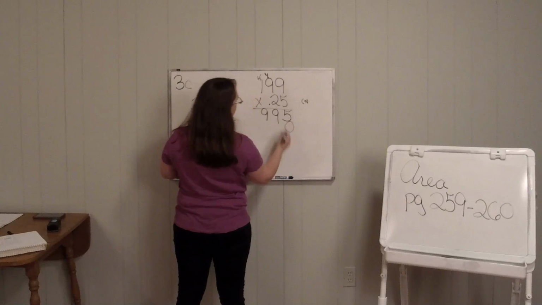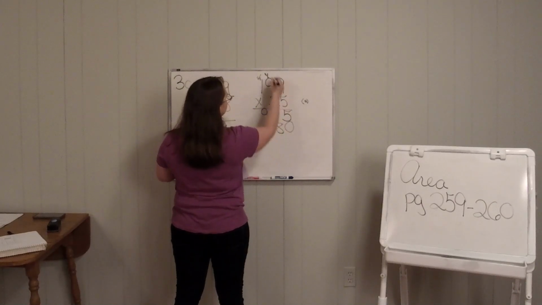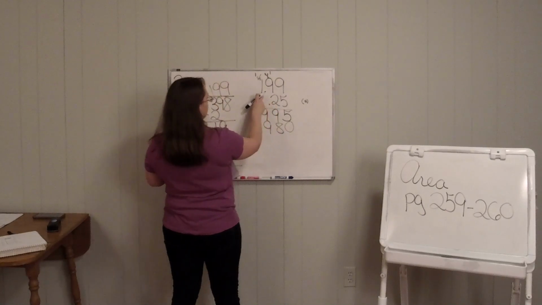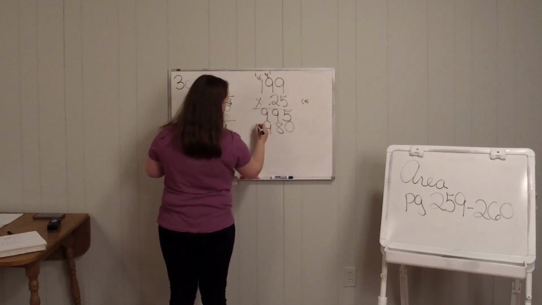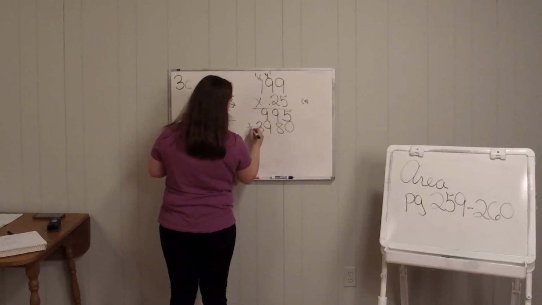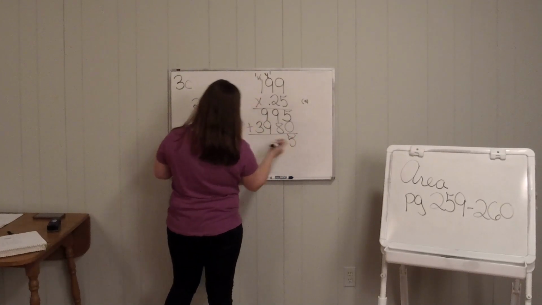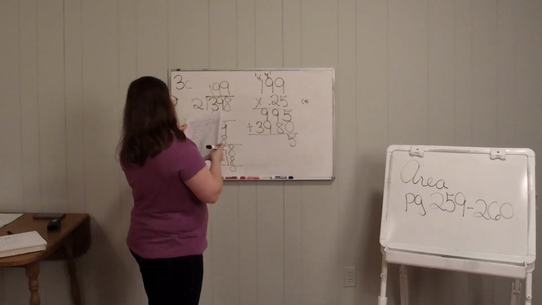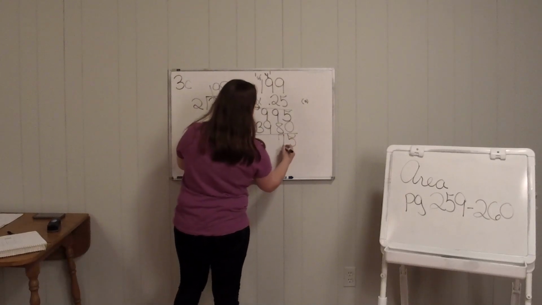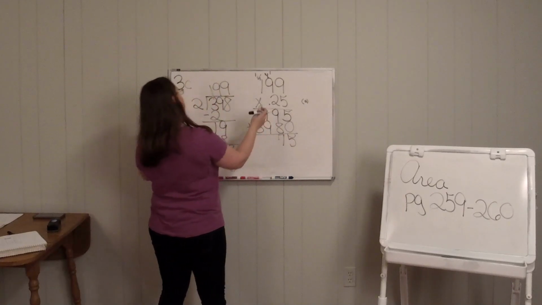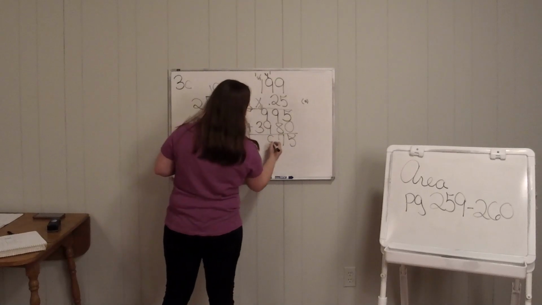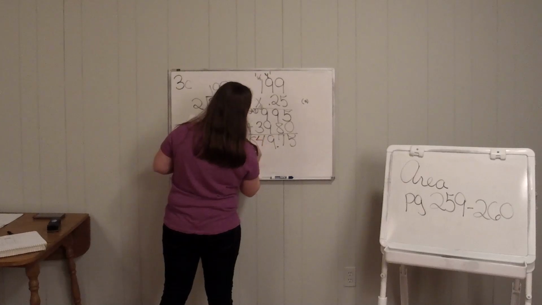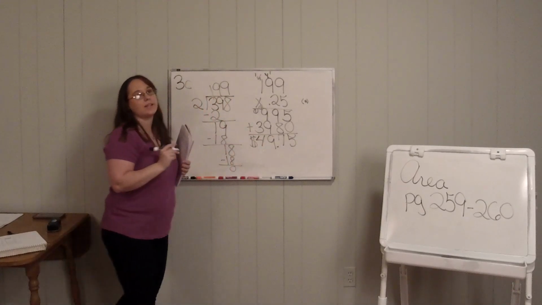Put my placeholder 0. 2 times 9 is 18, 19. 2 times 1 is 2, plus 1 is 3. Alright, what's 9 plus 8? Okay, it's 17. 9 plus 9 is 18, plus 1 more is 19. 3 plus 1 is 4. So it's $49.75 is what they made on cookies.